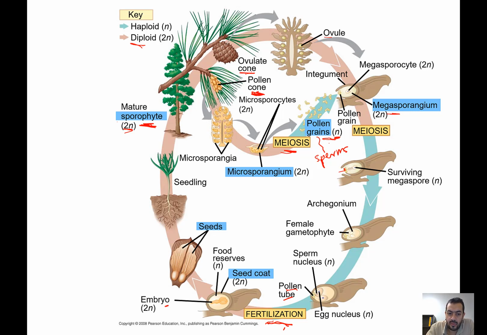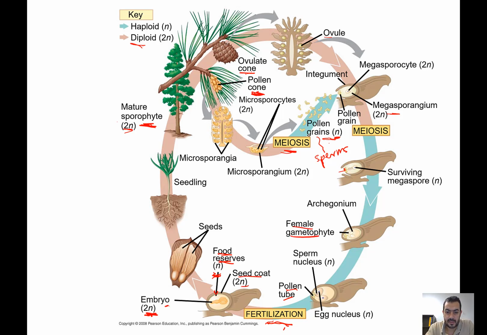Now the embryo, or the result of fertilization, will be a diploid structure like that. So here in this structure, the embryo is in a diploid state, and the food reservoirs are represented by N, so they are haploid, remember, because they are coming from the female gametophyte.